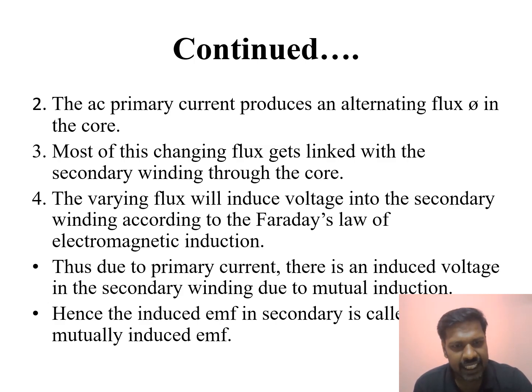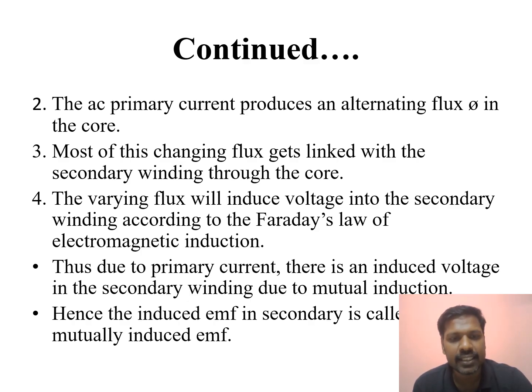When the primary winding is connected to a single-phase AC supply, an alternating current flows through the primary. This AC primary current produces an alternating magnetic flux in the core. Most of the changing flux links with the secondary winding through the core because the two windings share the same magnetic path.